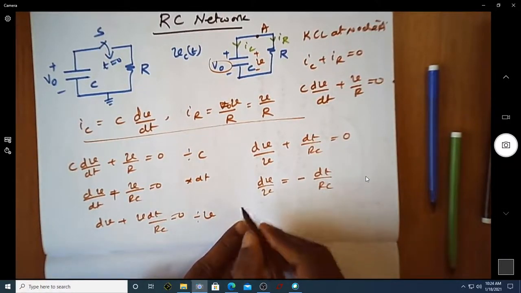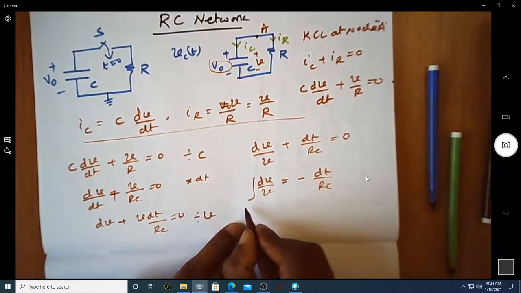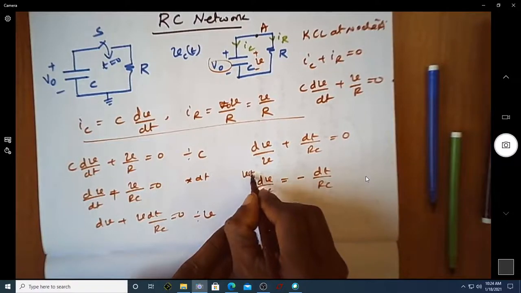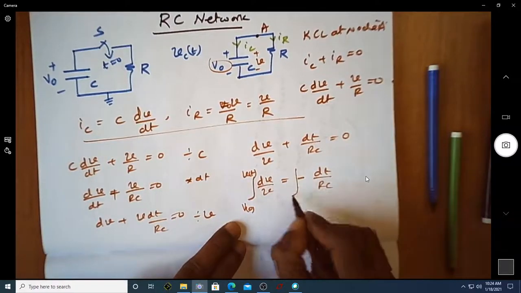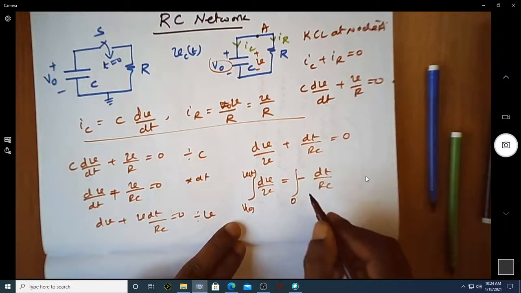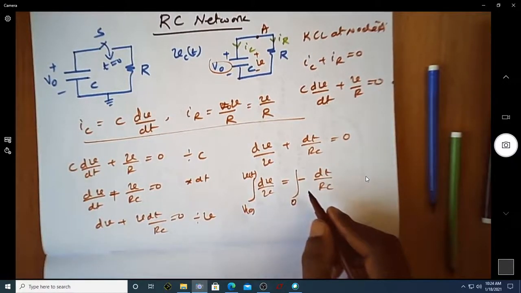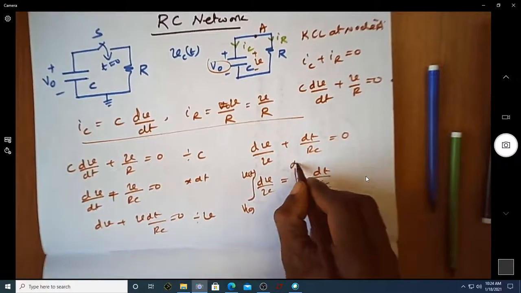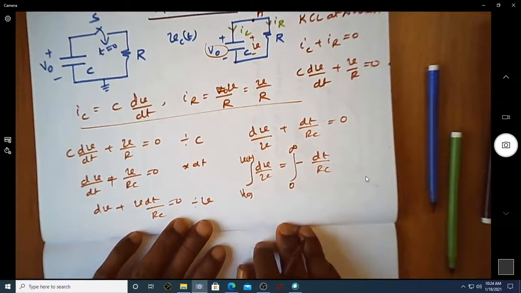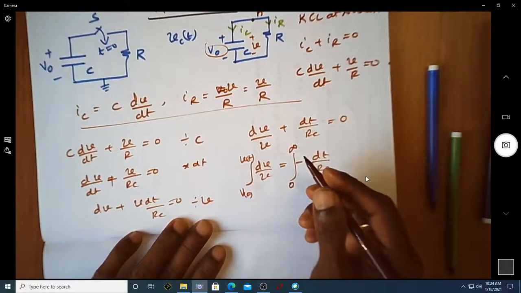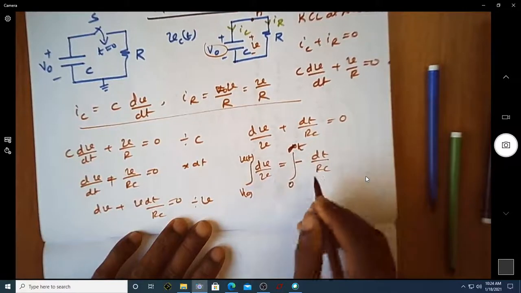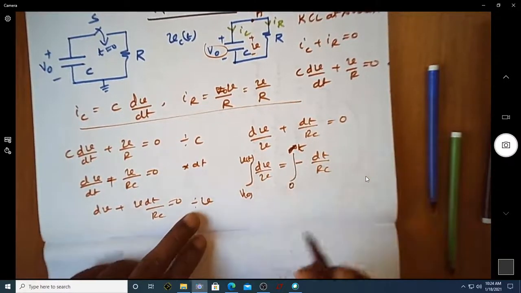So when I say integration, you are integrating this from initial voltage V0 to V of t, and this integration you can start from t is equal to 0 to, you can take it up to infinity, but of course we can take it as a finite time t instead of taking it up to infinity.